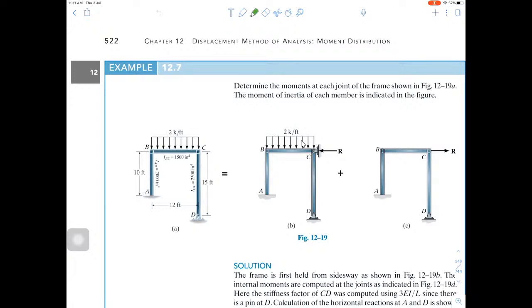Another name for internal moment is member end moment. So in the question we are asked to determine the moment at each joint of the frame. The moment of inertia of each member is indicated in the figure.